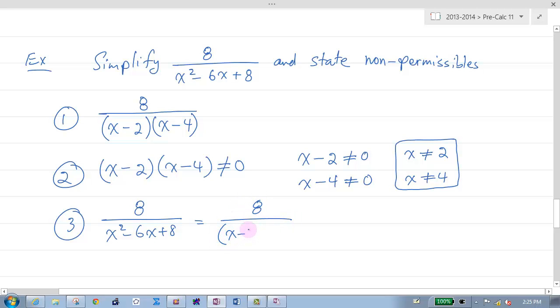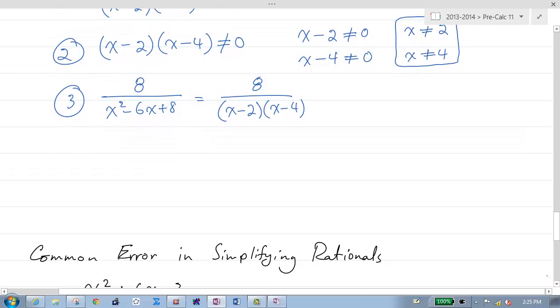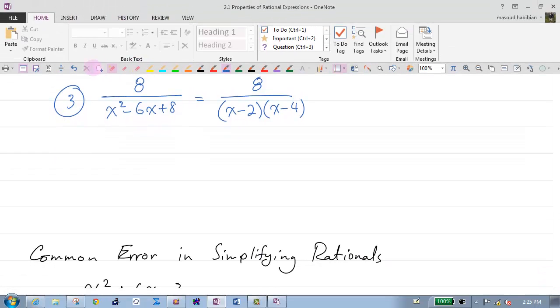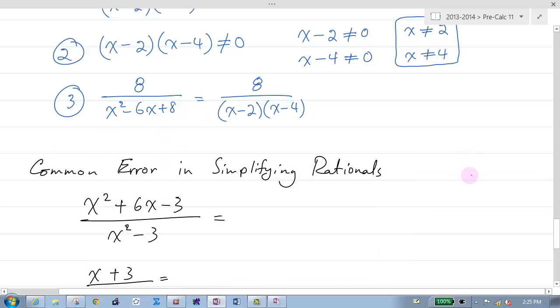No, it can't be, because there's no common factor between the numerator and the denominator, so we can just leave it as it is, right? But we can leave it in a factored form. So those are the things that we're going to be looking at: simplifying rational expressions and finding the values that the variable cannot accept, right?